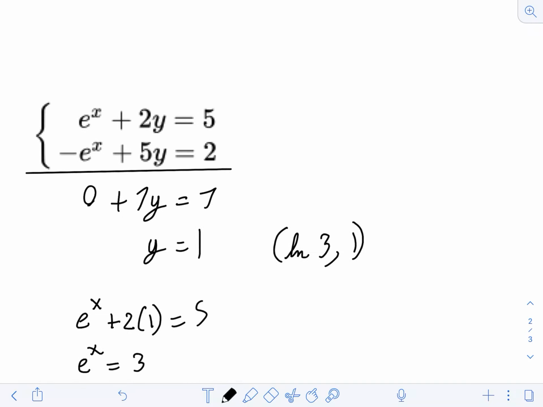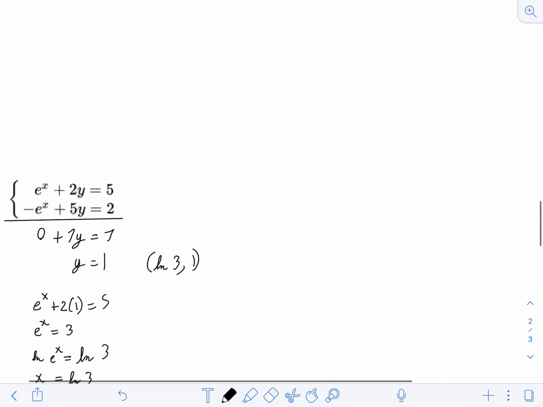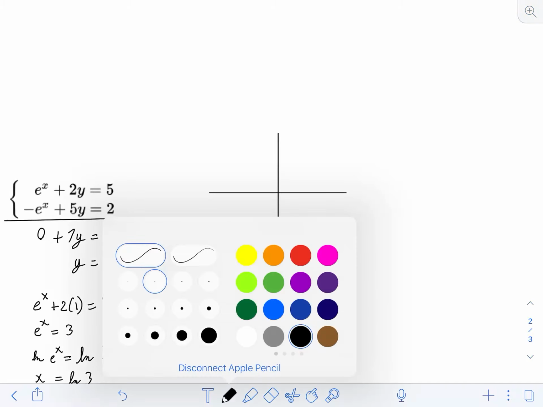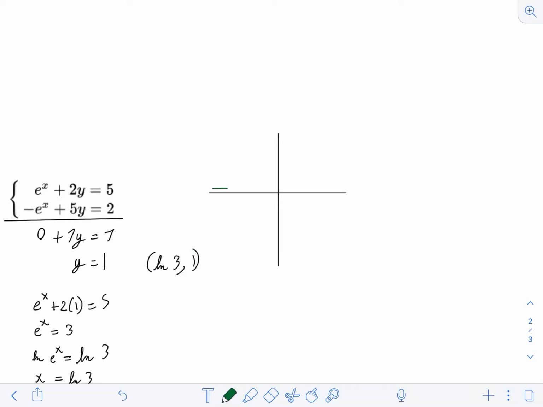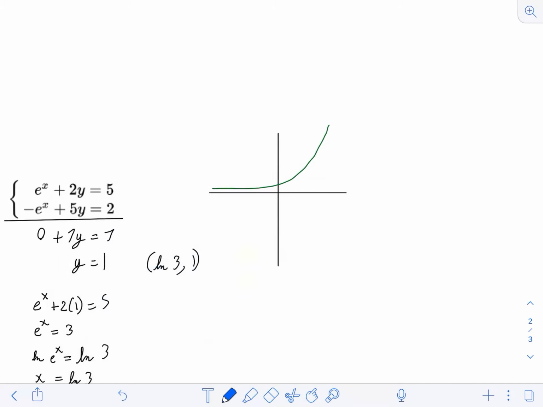Now, these are two exponential functions, and I do want you to see what they look like real quick. If we think about these two functions, we've got one that looks like this, and we've got another one that looks like this.